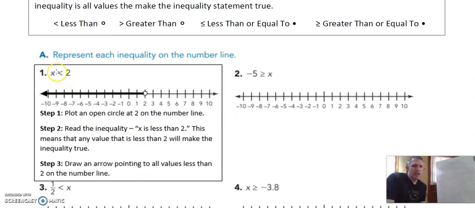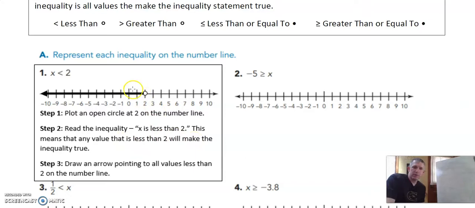Step one. If we are graphing this on a number line, we plot an open circle on 2 on the number line. The reason it's a circle is it's not "or equal to." x is less than 2, so it cannot be 2. So we put that circle on 2. Then it says, read the inequality: x is less than 2. This means that any value that is less than 2 will make the inequality true.